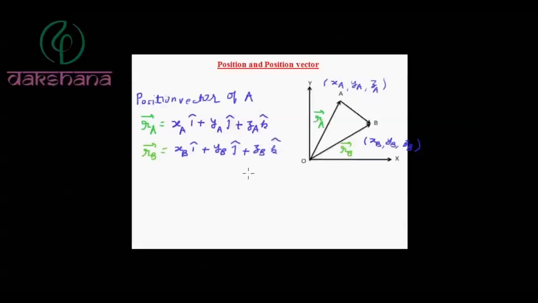Now, in order to define the position vector of B relative to A, what I mean is I need to find out RAB, the position vector of B with respect to A. What is it? RAB.